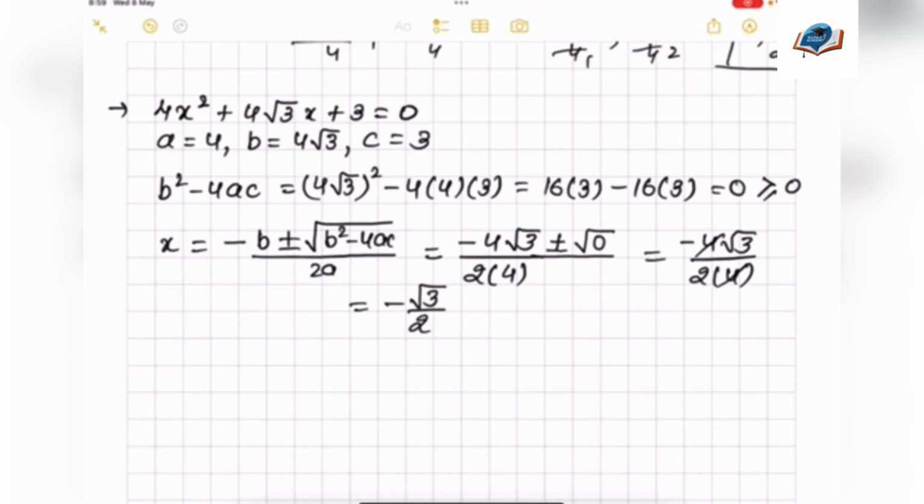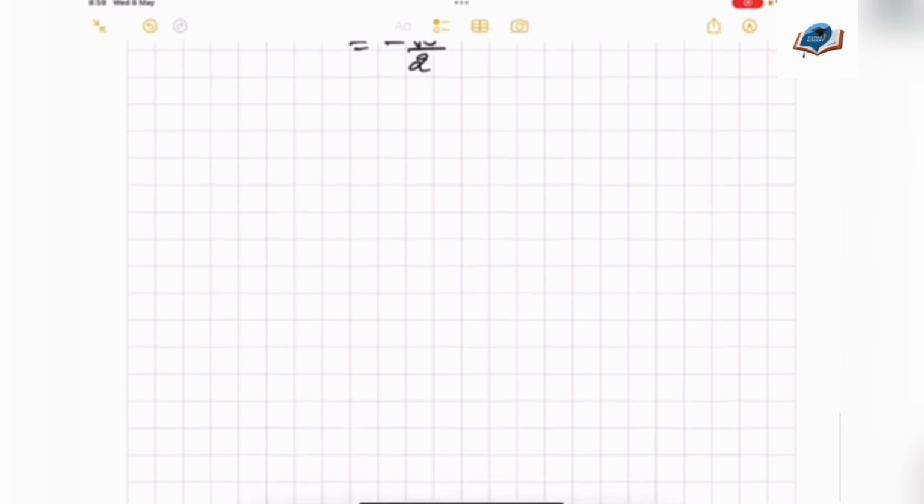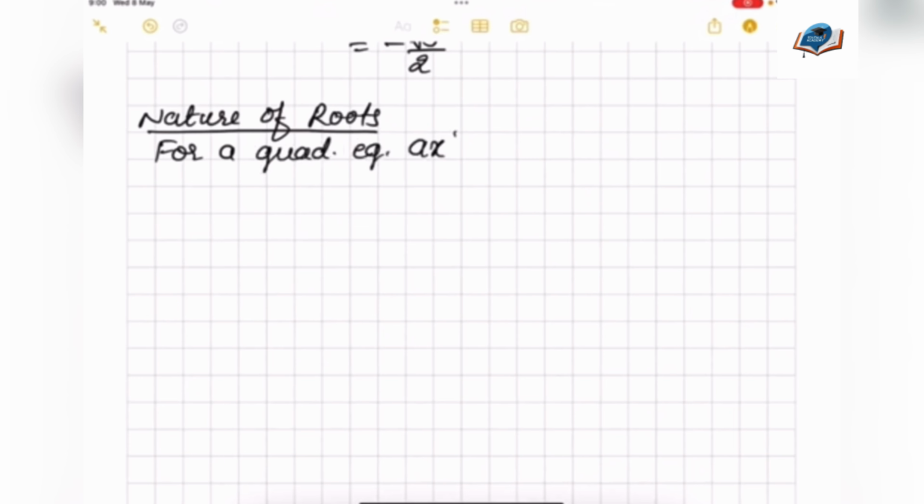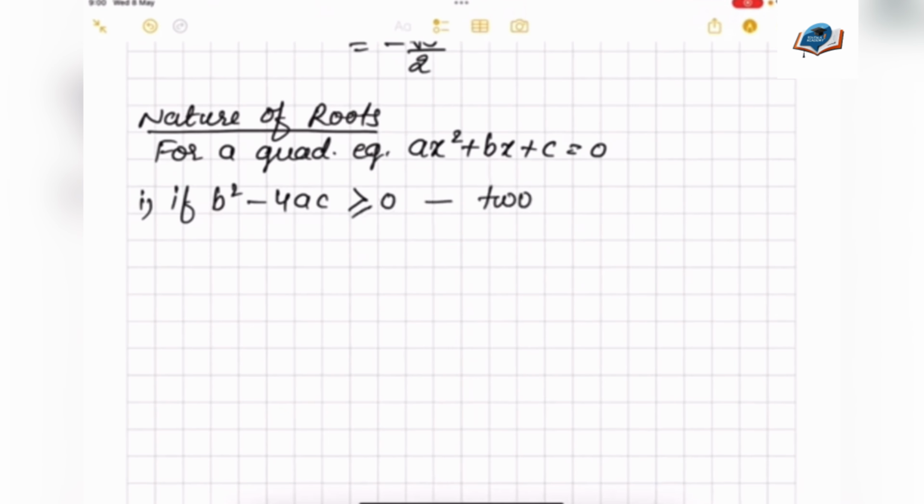Now next topic is nature of roots. For a quadratic equation ax square plus bx plus c equal to 0, if b square minus 4ac is greater than 0, there are two real distinct roots.